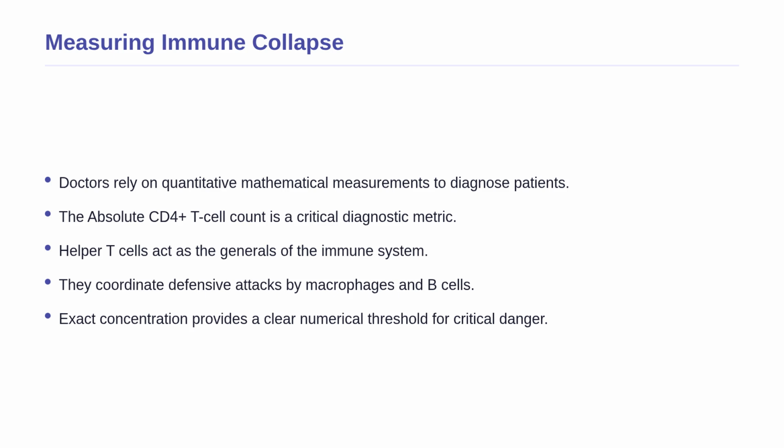These helper T cells act as the generals of the immune system, coordinating the attacks of other cells like macrophages and B cells. By calculating their exact concentration in the blood, clinicians can objectively measure how badly the immune system has been damaged, removing guesswork and providing a clear numerical threshold for when a patient is in critical danger.